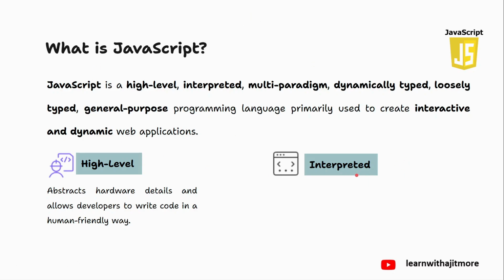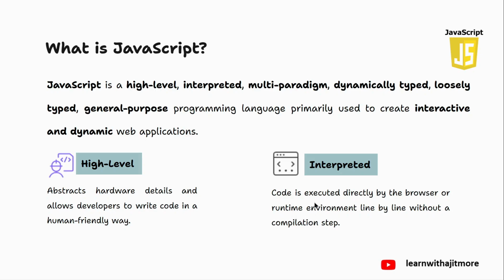JavaScript follows interpretation. So only remember that your JavaScript interpreter, or you can call it the JavaScript engine, will take your JavaScript code statement by statement, check whether there is an error. If no, translate to machine code, execute. Getting? Okay. See, code is executed directly by the browser or a runtime environment. It's called a virtual machine, which is already incorporated in your browser.